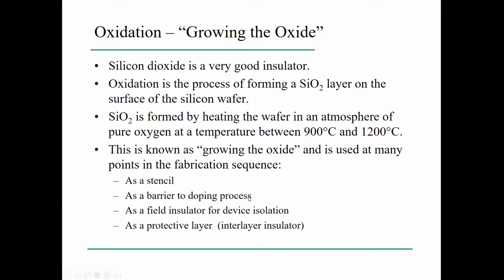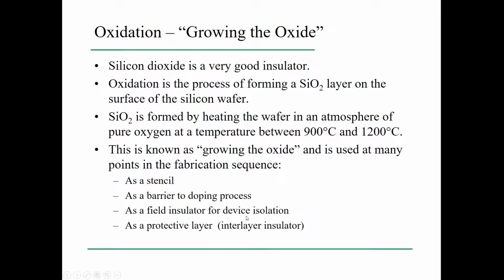And this process of growing the oxide is used at different points of the fabrication sequence for various reasons. Sometimes the silicon dioxide is used as a stencil, sometimes it's used as a barrier, and other times it's used just as an insulator, which is what silicon dioxide basically is, but it's used in a couple of different ways as an insulator.